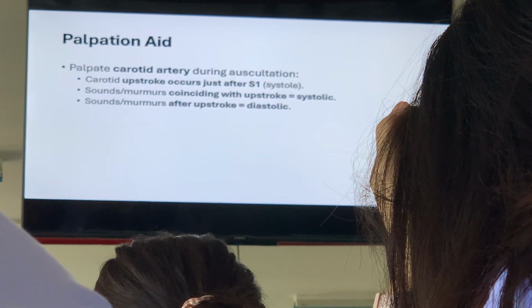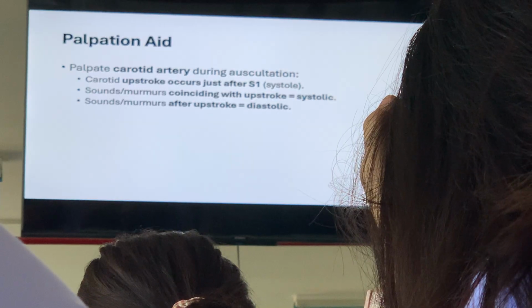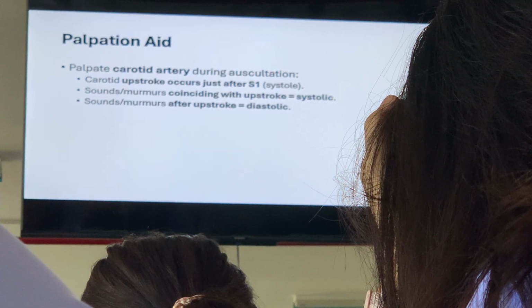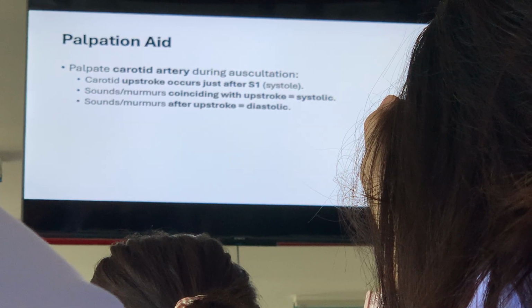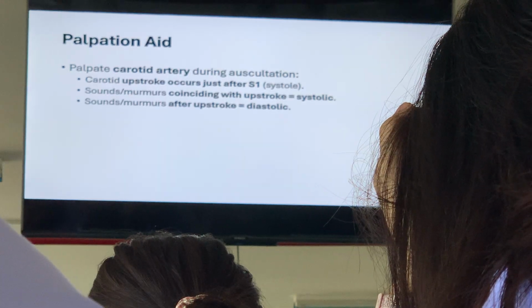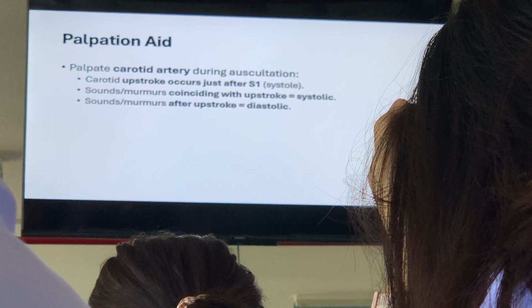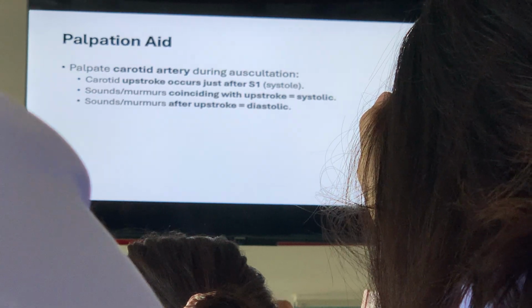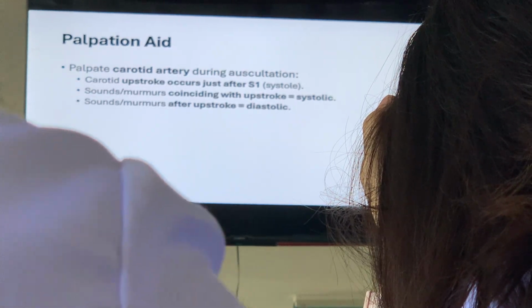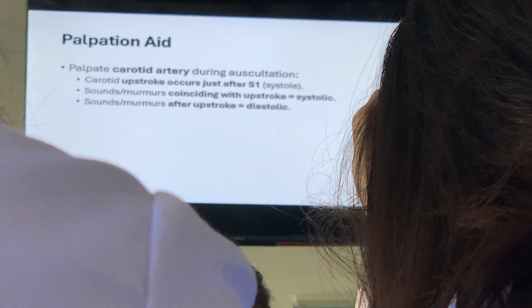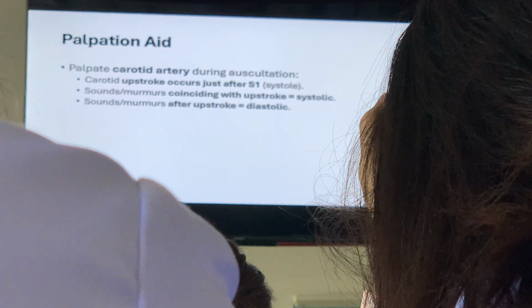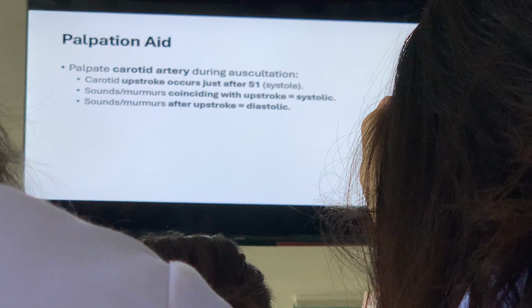So later on, when you go home, you listen to your heart sound, then simultaneously palpate the carotid artery. When the carotid pulsates, the heart sound that coincides with that is S1. Sounds and murmurs coinciding with the upstroke are systolic. Sounds and murmurs that coincide after that upstroke are diastolic heart sounds.